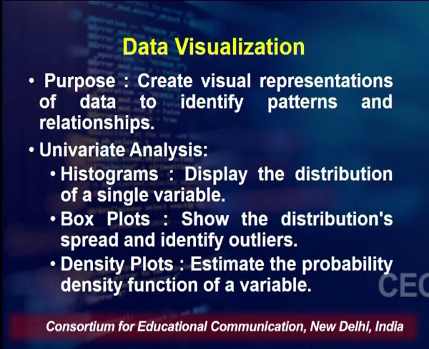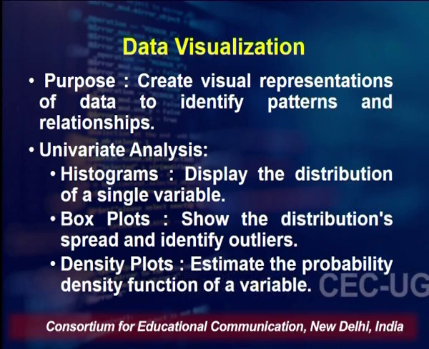In univariate analysis the first thing we look at is the histogram. Univariate basically means that you are looking at the distribution of a single variable. So, in the histogram we are looking at the distribution of a single variable. Then we have the box plots which show the distribution, spread and identify the outliers.